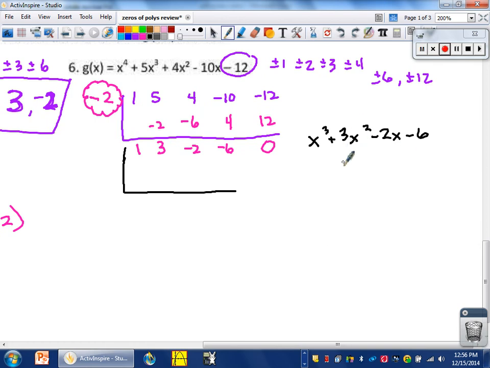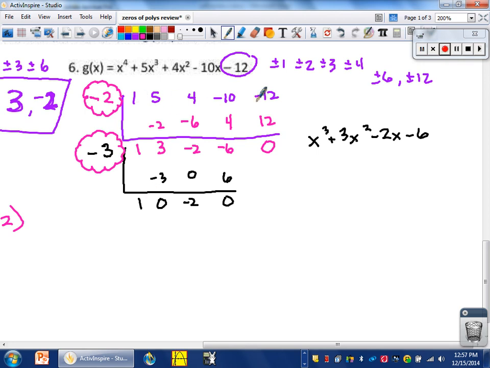So once again, let's use synthetic division to figure out one of the zeros of this thing. So it turns out that negative 3 works. Okay, so negative 3 is also going to be one of your zeros.